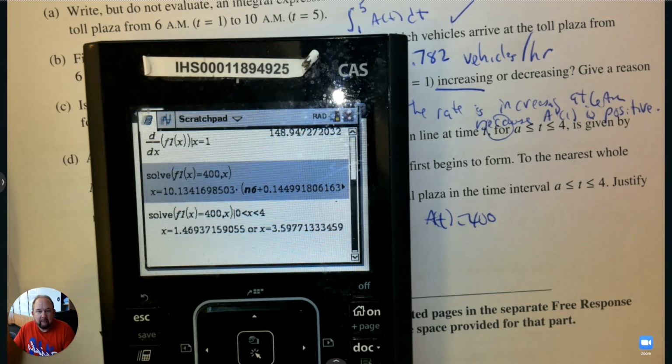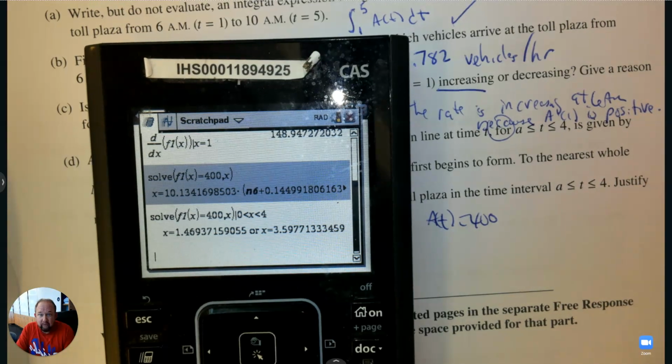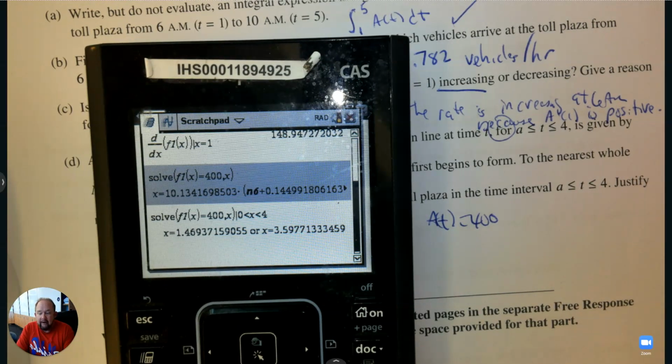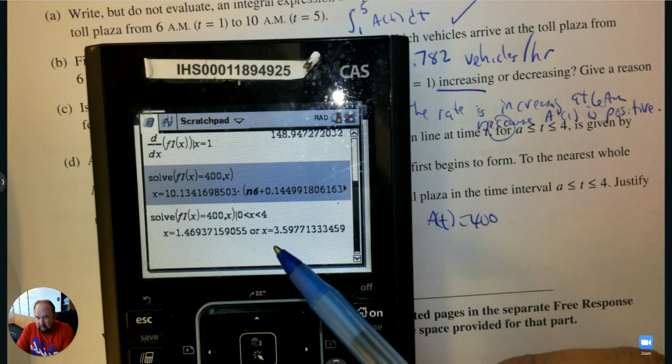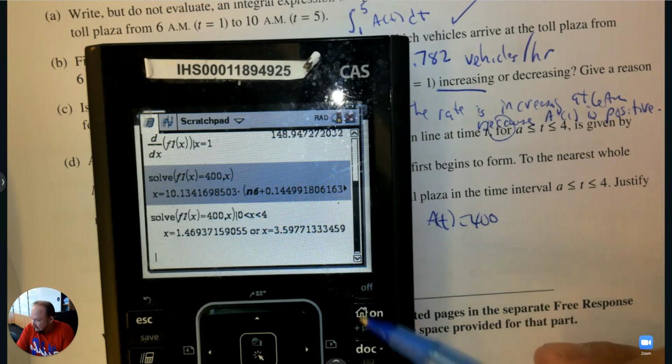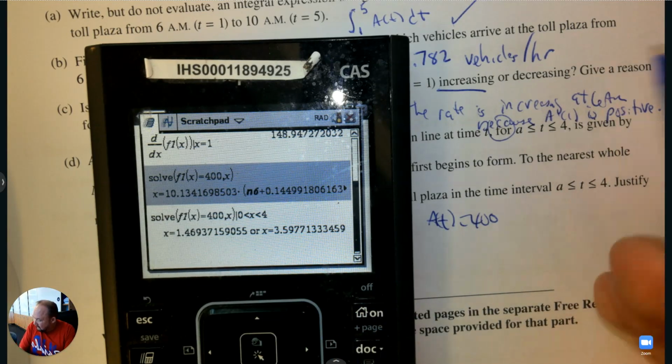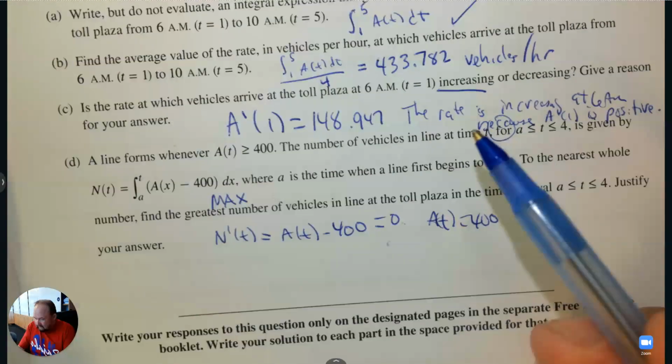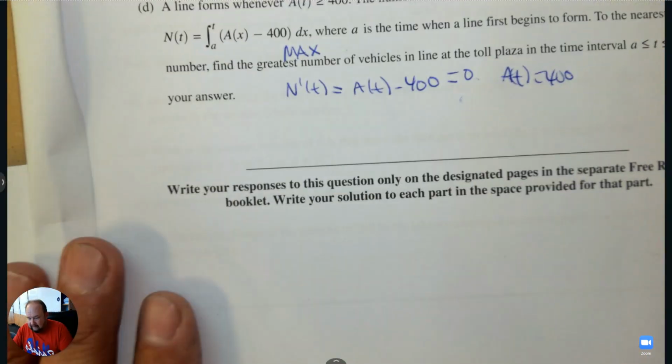There it is. So there are multiple answers here because it's a trigonometry one. So I needed to put a restriction to it between 0 and 4. So the answers I get are there, 1.469.